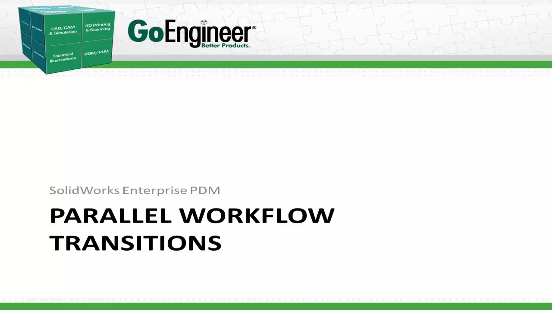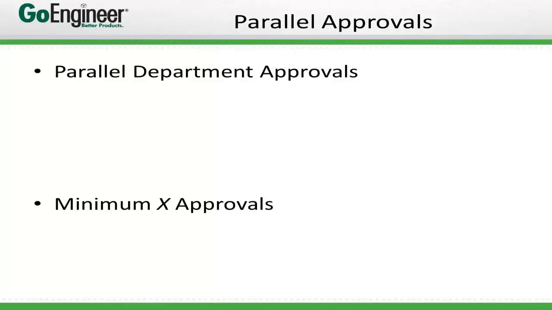For expedience, we would implement a parallel approval workflow to allow approvers from various groups to sign off on a file in any particular order, i.e. we don't have to wait for quality to sign off first before manufacturing signs off, and certainly that can lead to a lot of delays.